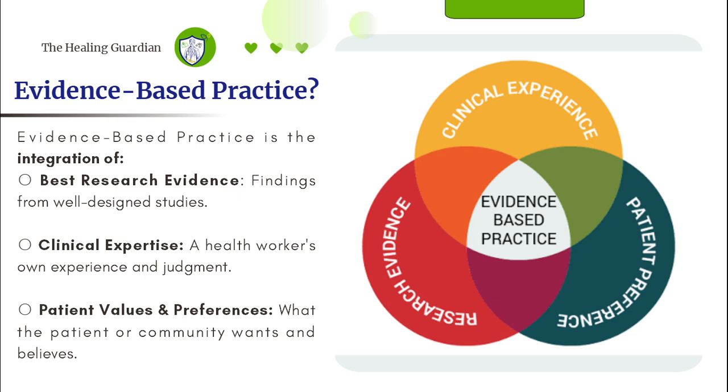Meaning, to make evidence-based practice in public health, all three are important. You consider the preferences of the community. You look at the expertise of the clinicians, but also most importantly, you should base on research evidence, making research very important.